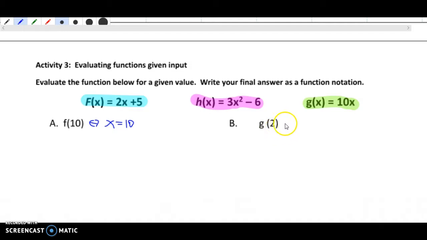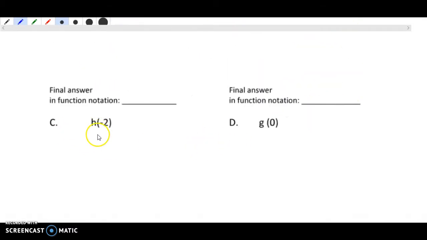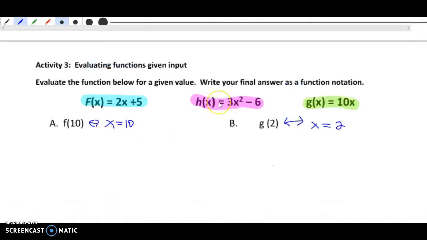G of 2 means that x, because inside the parentheses you have x, is equal to 2. So we're given input for all of these examples, and we're going to look for the output. So for f of 10, we're going to be using the f function, and for g of 2, we're going to be using the g function, and in another example we have h of negative 2, we'll be using the h function.